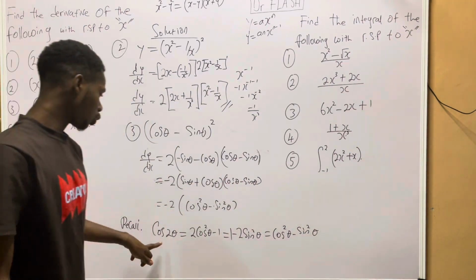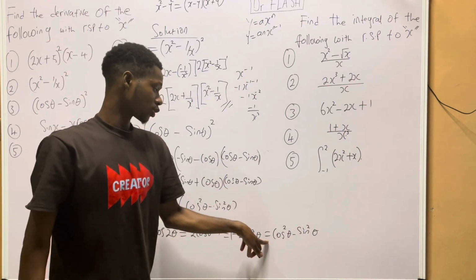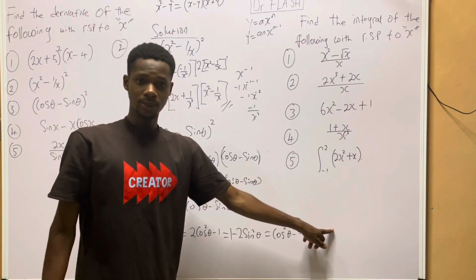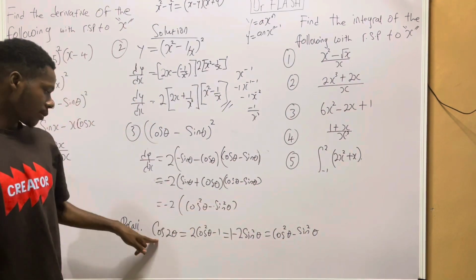Okay, so we're having cos 2 theta equals 2 cos squared theta minus 1, or 1 minus 2 sin squared theta, or cos squared theta minus sin squared theta. Okay, so we can replace this expression, which is already here, by cos 2 theta.